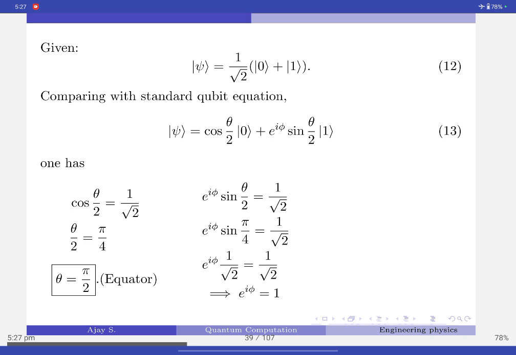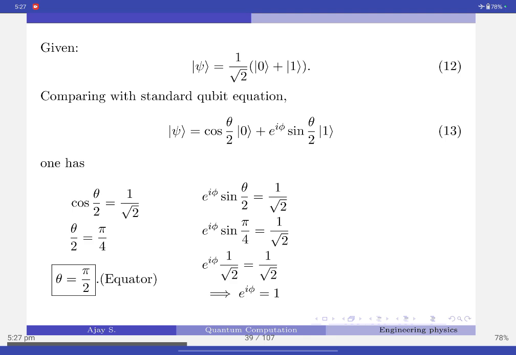Substituting that here, you have e to the I phi sin pi by 4 is equal to 1 by root 2. So sin pi by 4 is nothing but sin 45 degrees, which is 1 by root 2. The root 2 gets cancelled, and e to the I phi is equal to 1.